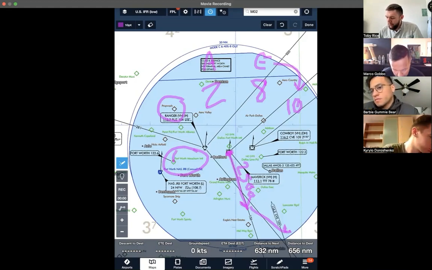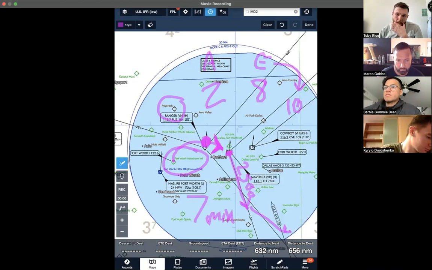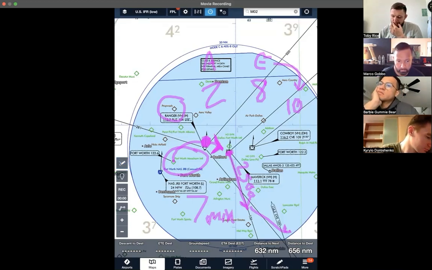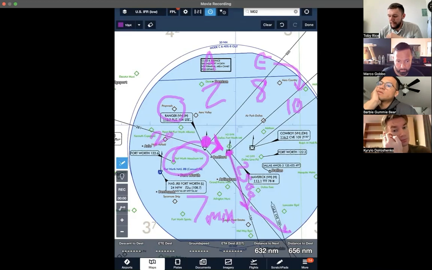Flying along, we're flying direct to Maverick, but we haven't reached Maverick yet. We lose comms right here, and we've been flying for 7 minutes. What altitude do I go to? Oh, and by the way, I'm currently at 2,000. That's where I am when I lose comms, at whatever I was assigned. Who can tell me?